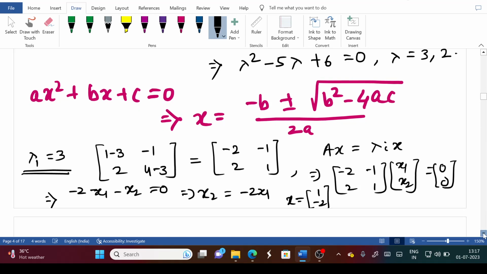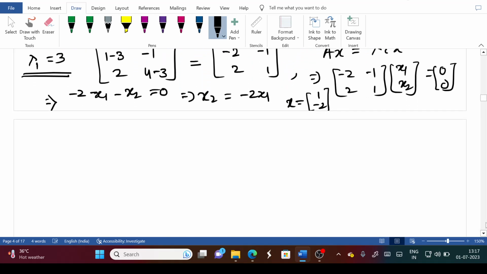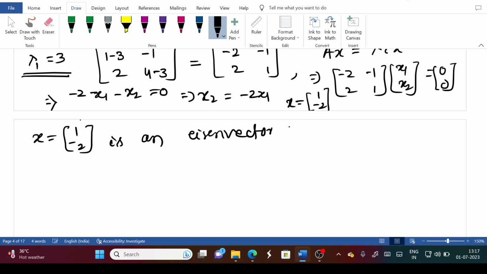Okay, now this is an eigenvector. So x is equal to [1, -2] is an eigenvector of A for lambda is equal to 3.